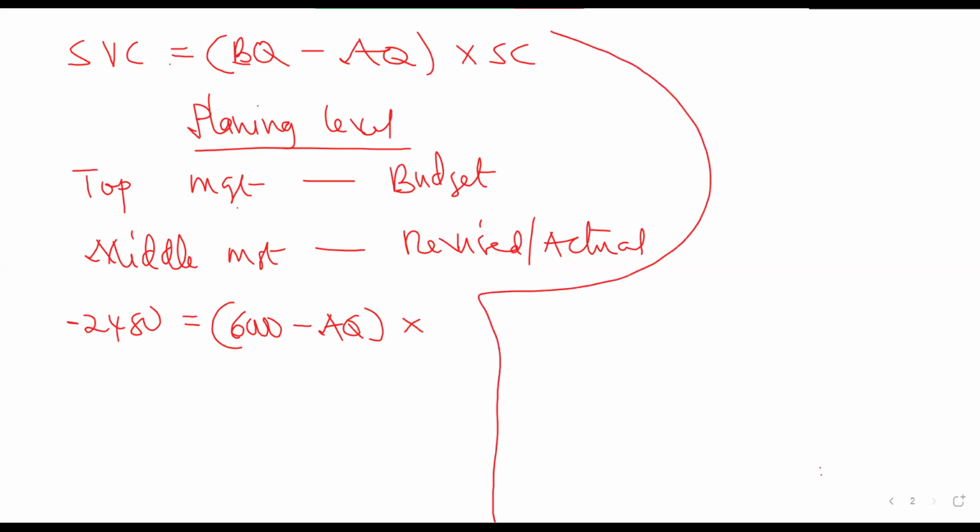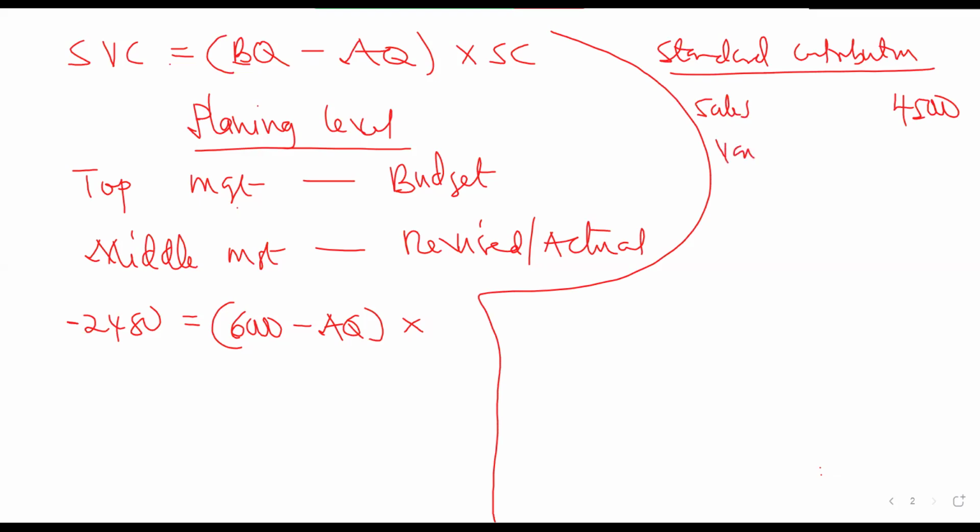So let's come to our standard contribution per unit. Our budgeted sales will be 45,000, and our budgeted variable cost will be 26,400.